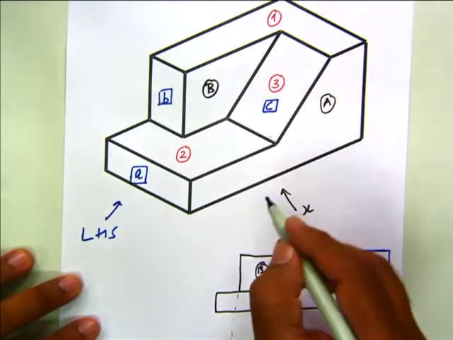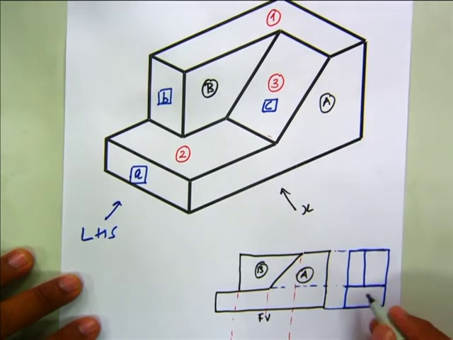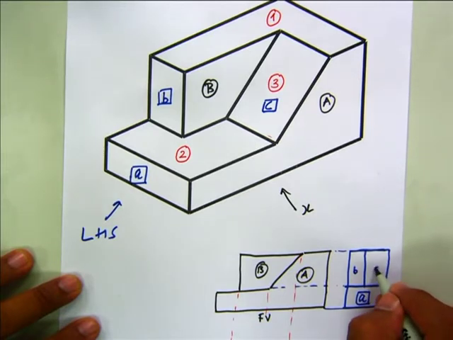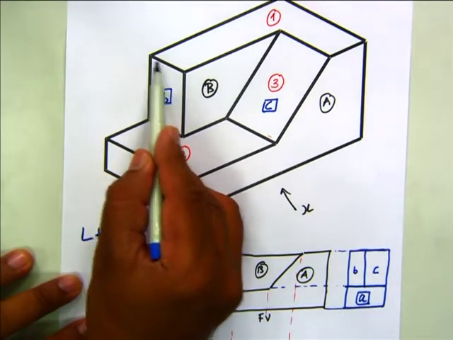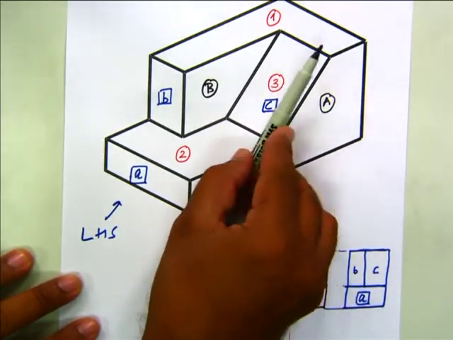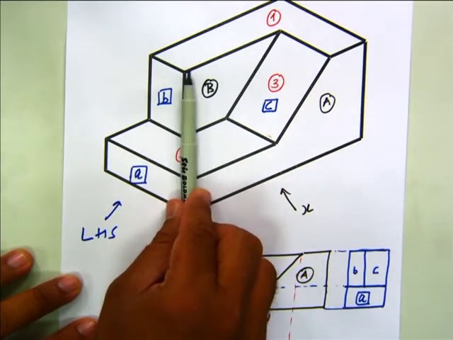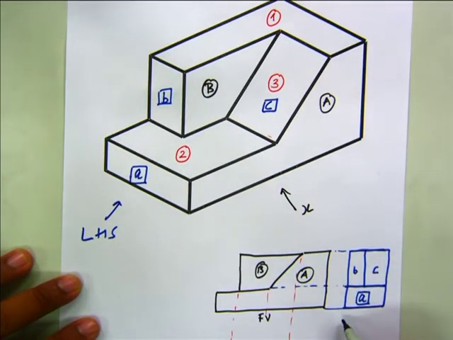So this is your A, this is your B, and this is your C, which is slant. When you are viewing from here, it becomes apparent over here, like this. This is your left hand side view.